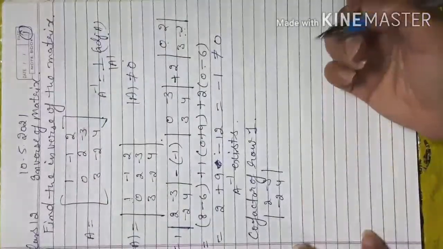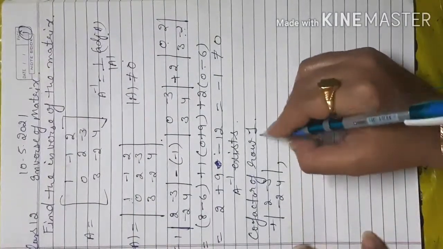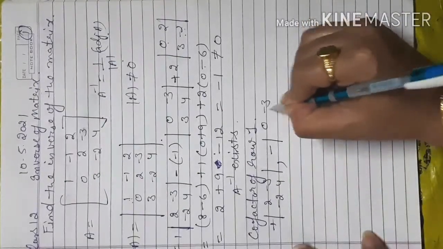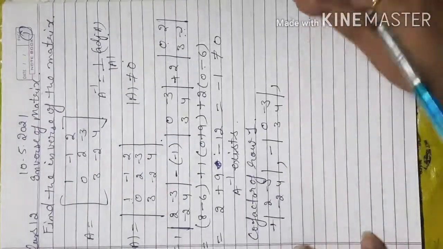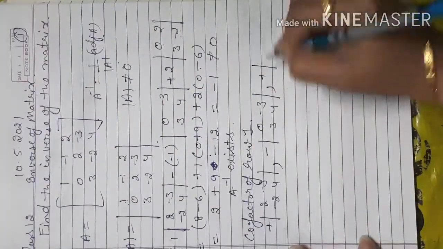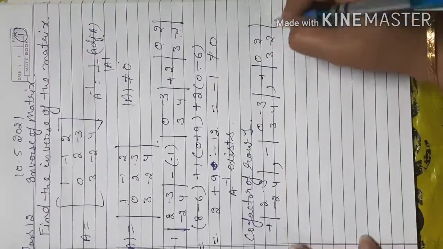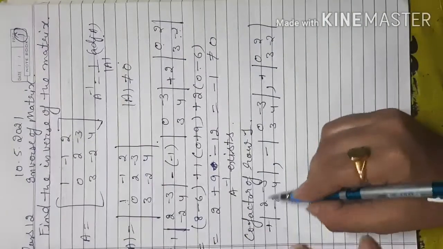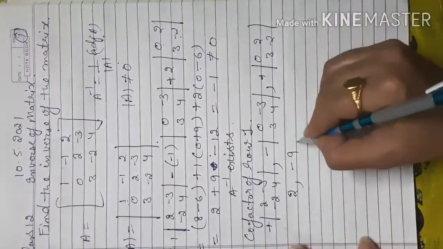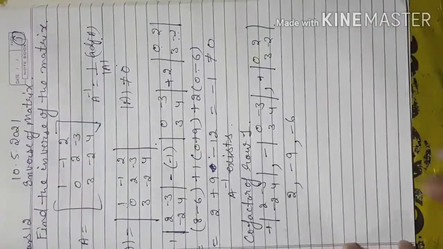That is the cofactor of the first row, first column. For the first row, second column, the position sign is negative and the connected elements are 0 minus 3, 3 4. And for the first row, third column, the position sign is positive and the connected elements are 0 2, 3 minus 2. When you calculate, you will get 8 minus 6 is 2, minus 9, then minus 6. So these are my cofactors of the first row.